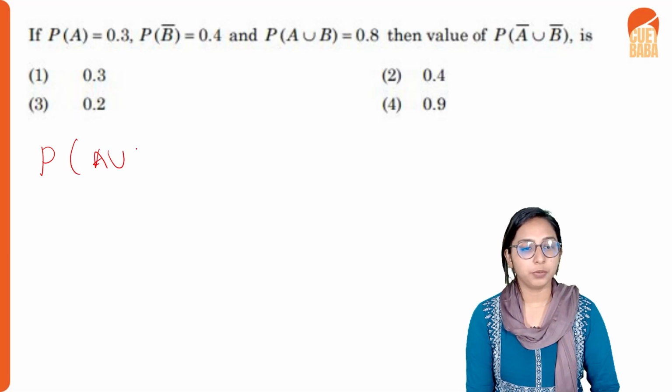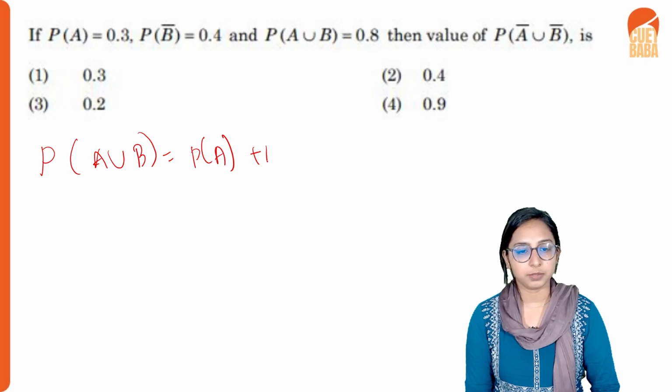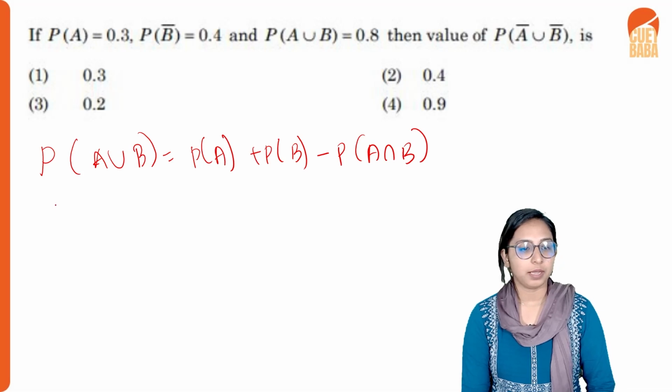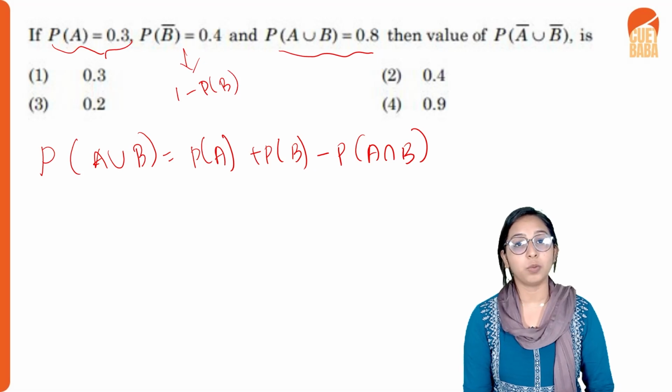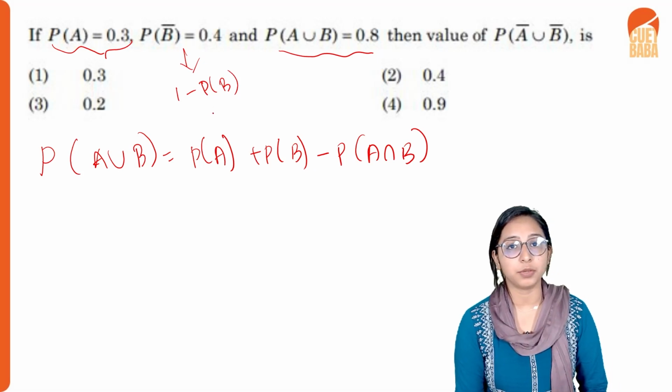P of A union B equals P of A plus P of B minus P of A intersection B. A union B is directly given as 0.8. P of A is given as 0.3. P of B we can find from this, as P of B complement is nothing but 1 minus P of B.